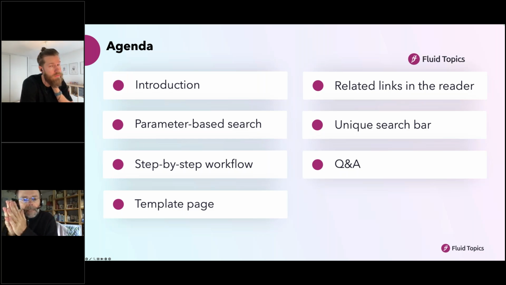And at the end, in the reader as well, how to build a unique search bar to search both in the current document or in the whole portal with just one bar. One search bar and no need to build another one. At the end, question and answer sessions, and let's start.